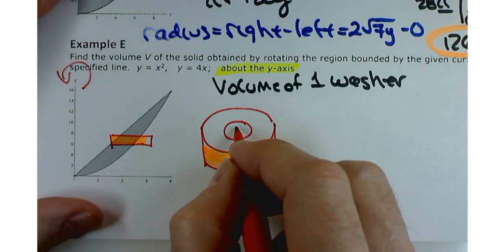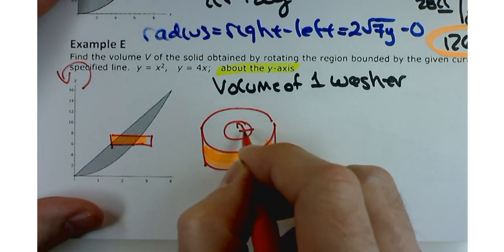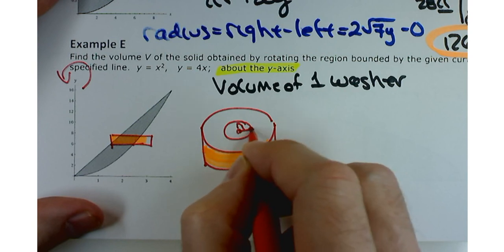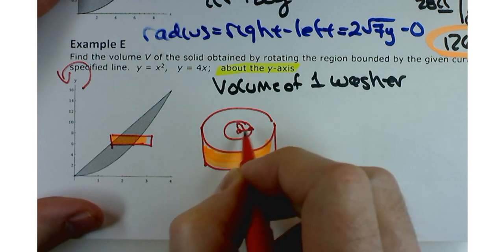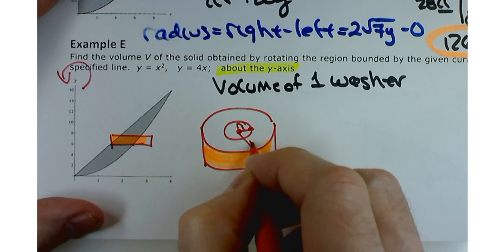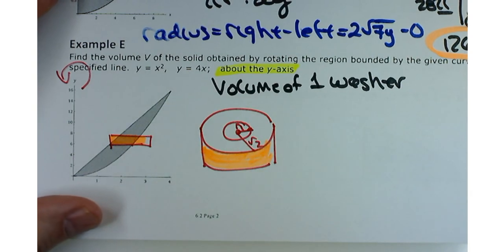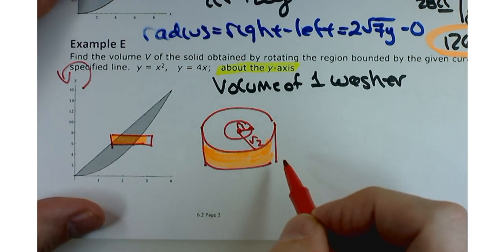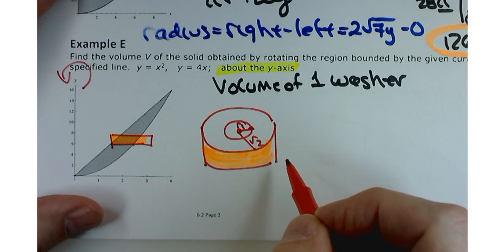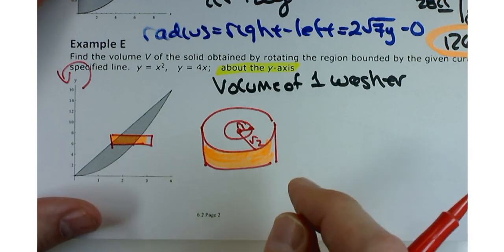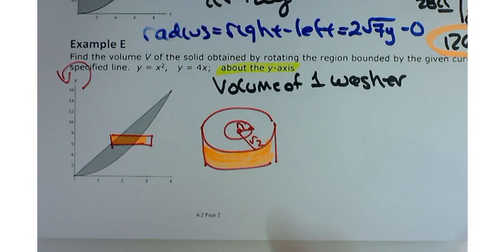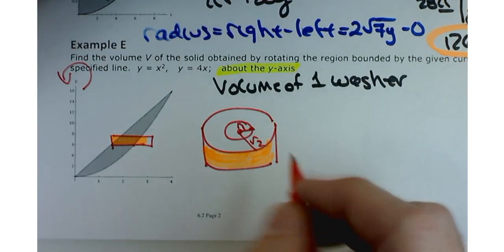There's going to be your R1, the radius to the innermost part, and then R2, which is going to be the radius towards your outer part. And really what we're going to do is find the volume of each of these and subtract them.